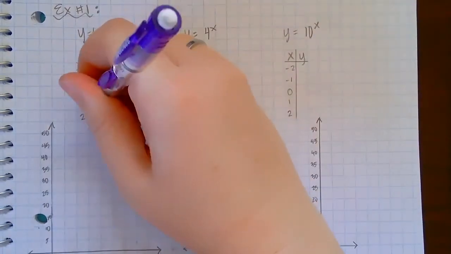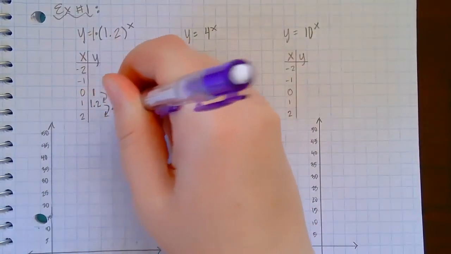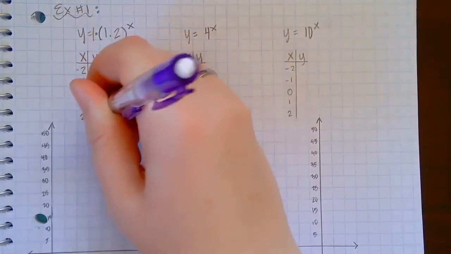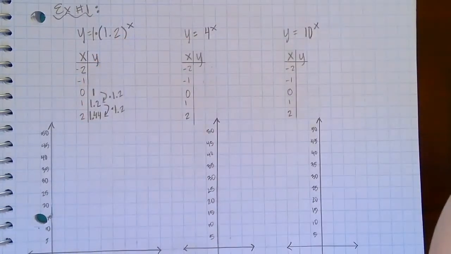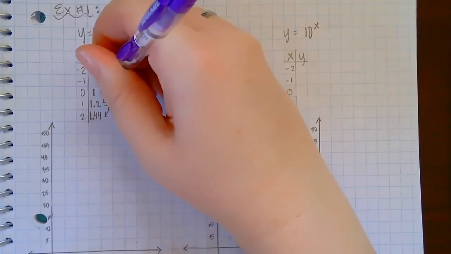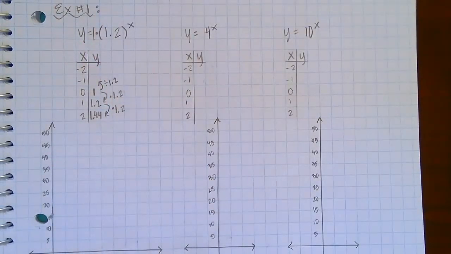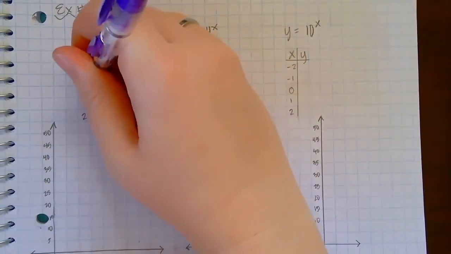That will give me 1.2. And I'm going to times by 1.2 again. It gives me 1.44. And then remember to go backwards, I would divide by 1.2. So 1 doesn't divide evenly by 1.2. So approximately 0.83.